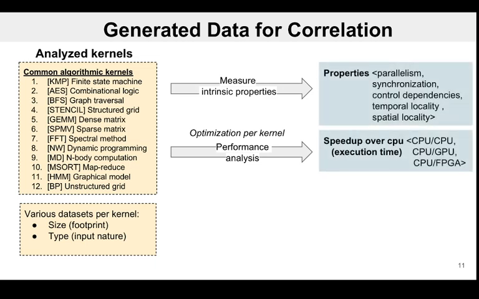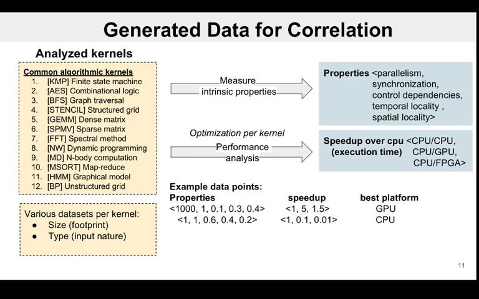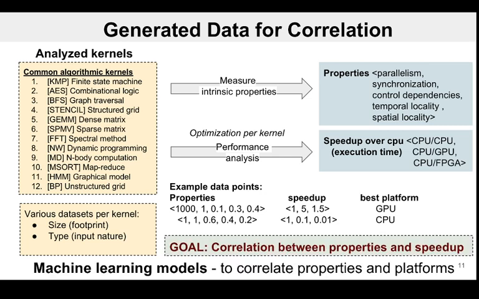The data generated looks something like this, where we have the five intrinsic properties, then speedup over CPU, then the best target platform. To correlate the input intrinsic properties to the output speedup and best platform, we used machine learning models.